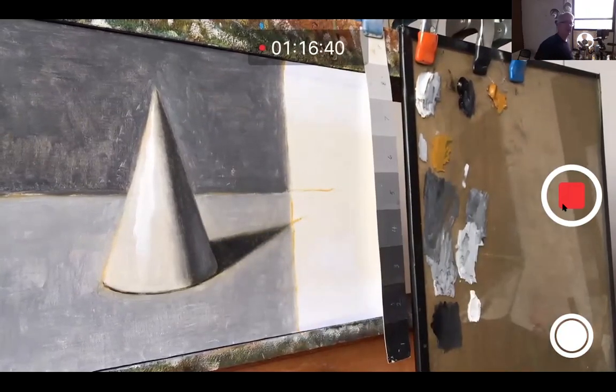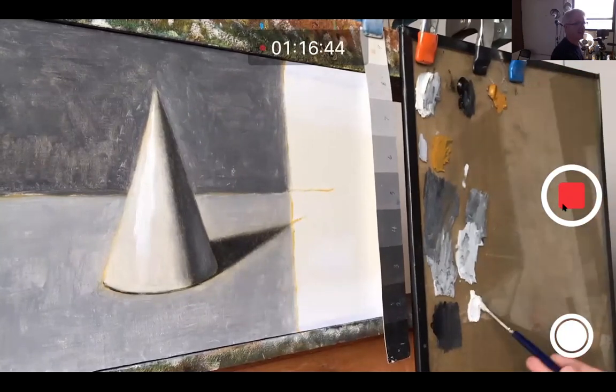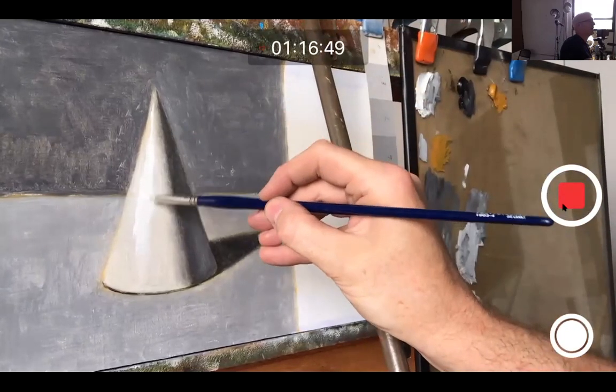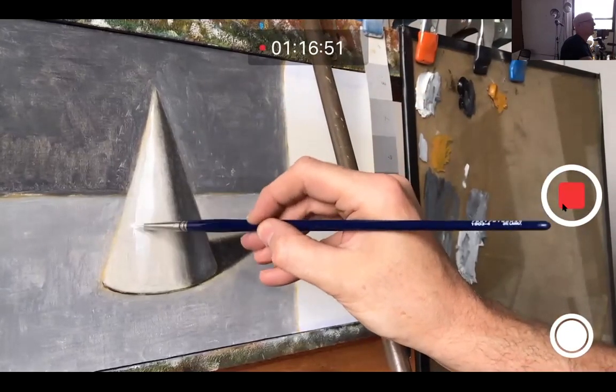As the highlight moves towards the bottom, it softens out into the center light.